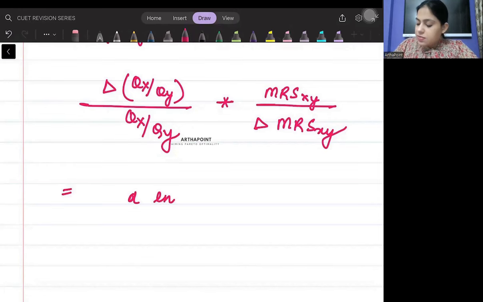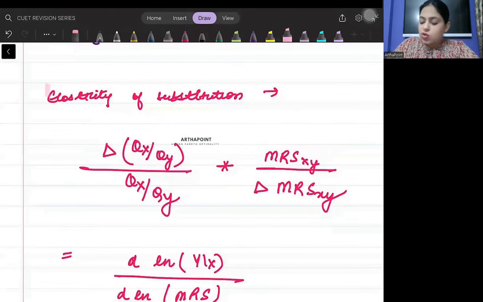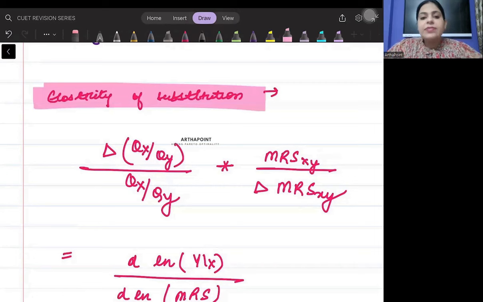DLN Y by X upon DLN MRS. When we write like this, then it is nothing but MRS का elasticity of substitution between the two goods, right?